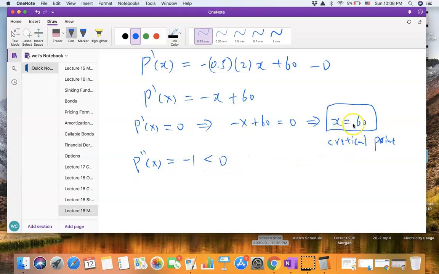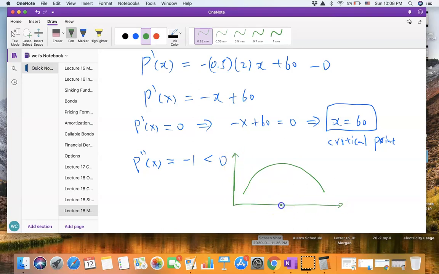Therefore, at this critical point, the function has a maximum, because since the second derivative is negative, the graph of the function is concave downward.